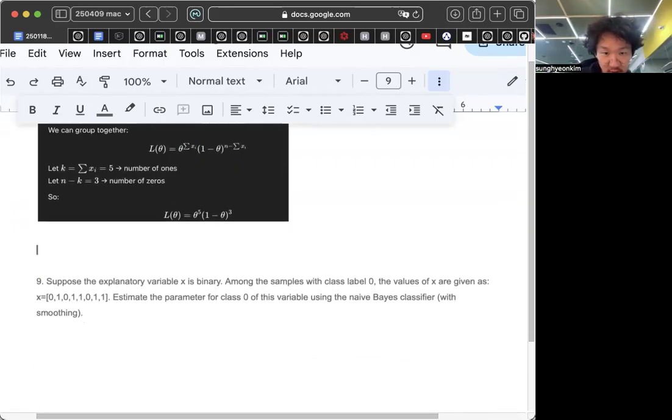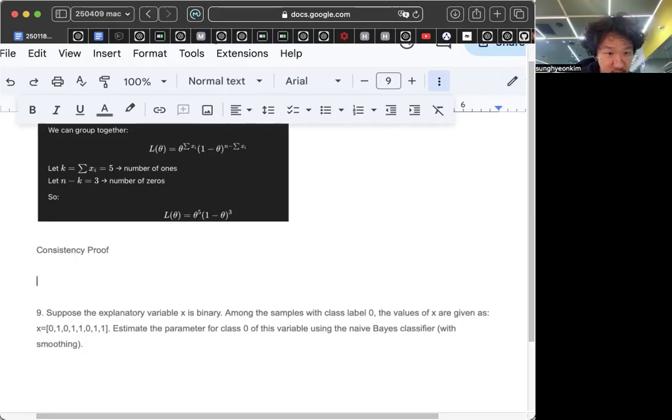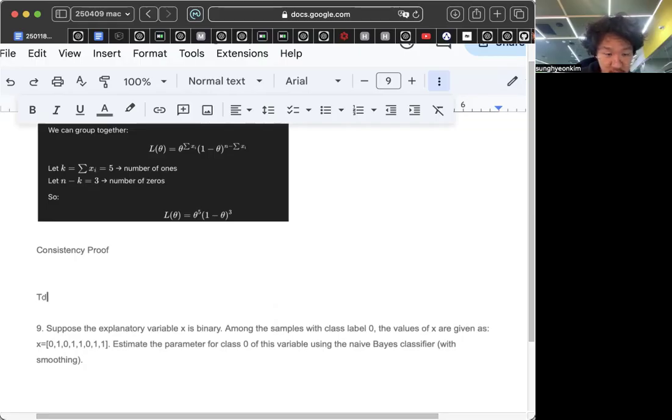Based on this, we will do the consistency proof, and the Bayes pipeline.